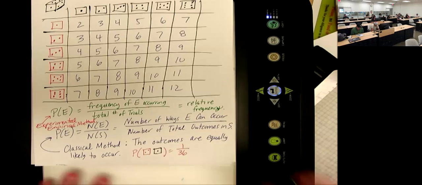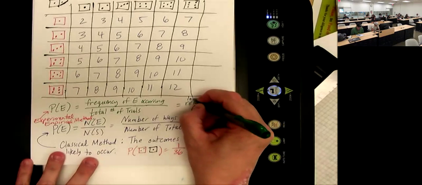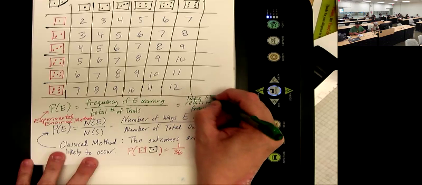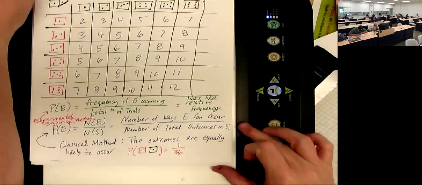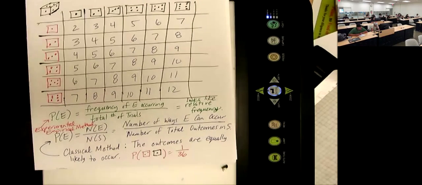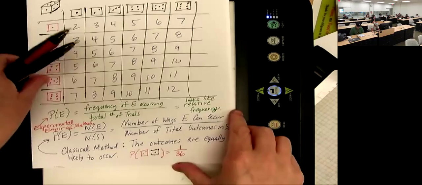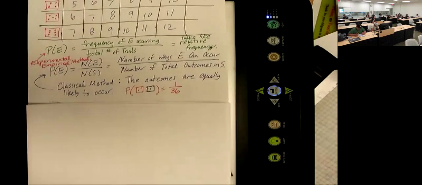I put relative frequency here, I'm gonna say it looks like relative frequency. It's the same equation, it's not the same thing. And we'll go over the difference in a second. Actually, I'll do it now. How do relative frequency and probability differ?